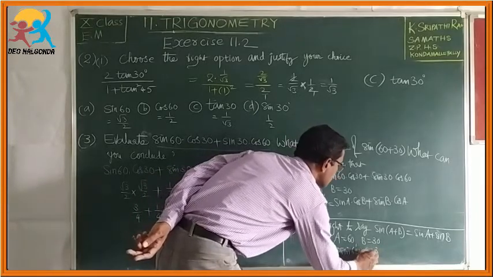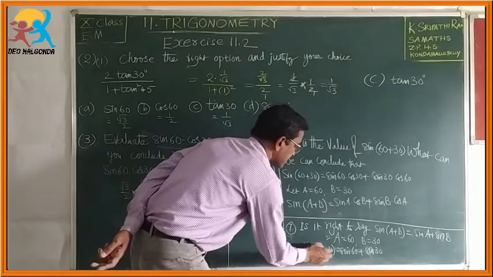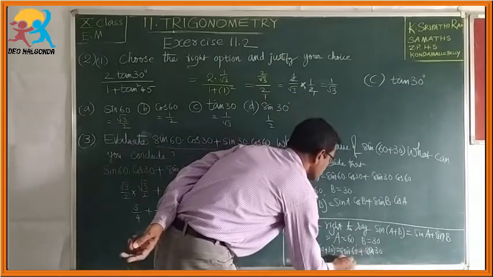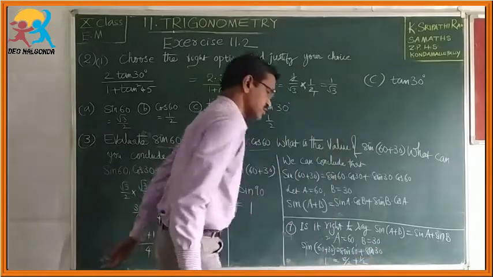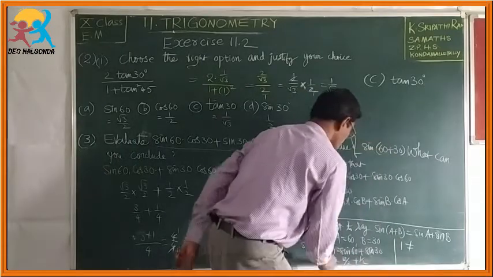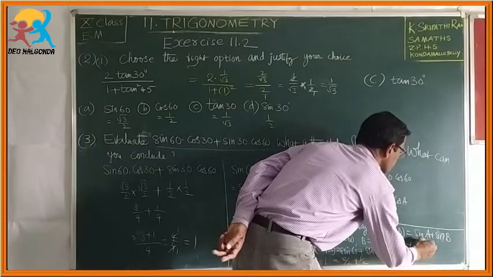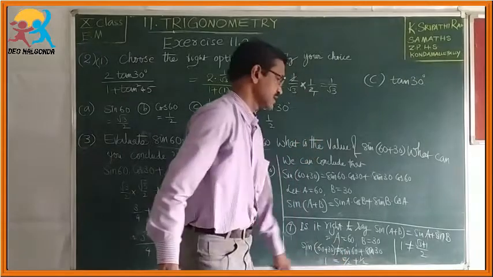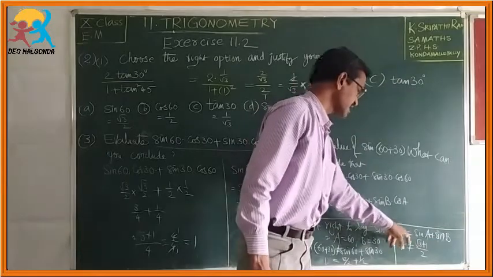Here sin(60 + 30) is sin 90, which is 1, but sin 60 is root 3 by 2 and sin 30 is 1 by 2. So 1 is not equal to root 3 by 2 plus 1 by 2, which is root 3 plus 1 by 2. So these two are not equal. Sin(A + B) is equal to sin A plus sin B is not true.